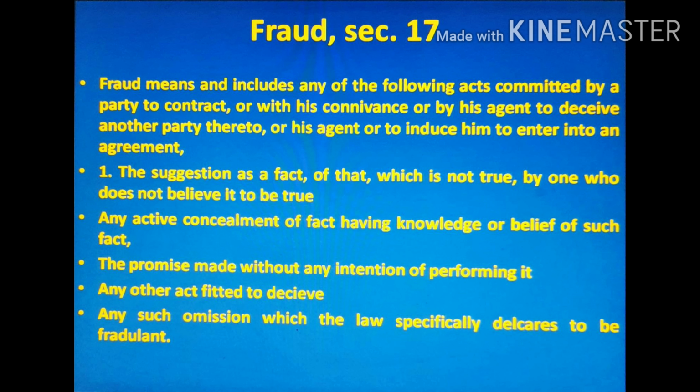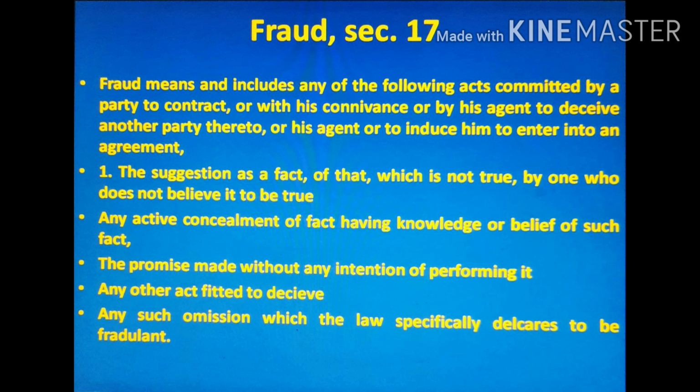We all know that fraud is cheating someone, but such a simple understanding will not suffice for the literature of law. Section 17 of the Indian Contract Act has given a well-established definition for the word fraud. Accordingly, fraud means and includes any of the following 5 acts committed by a party to the contract, or with his connivance, or by his agent.